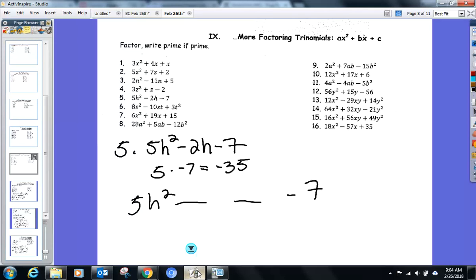Multiply to 35. Just start there. What are numbers that multiply to 35? Negative 7, positive 5. Yep. H and H. Group them.